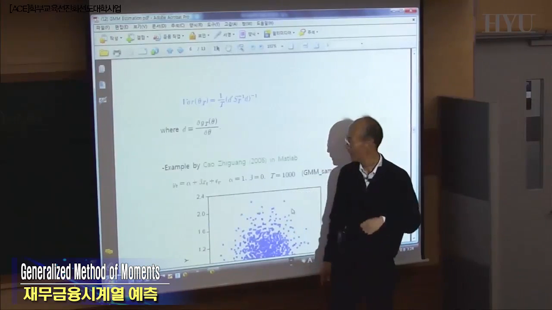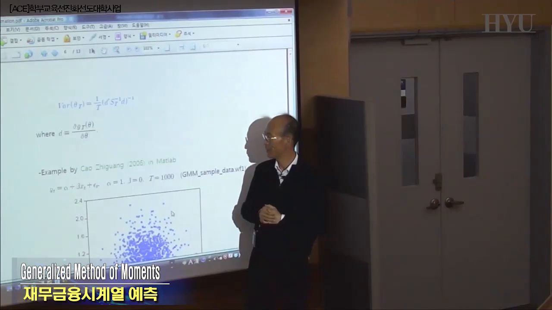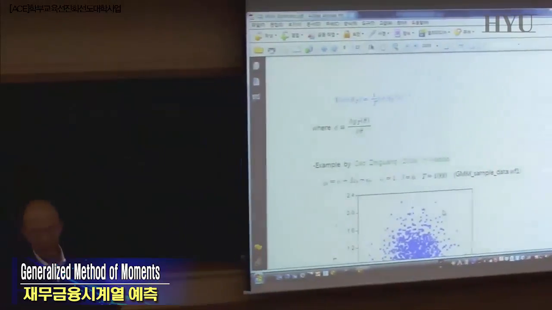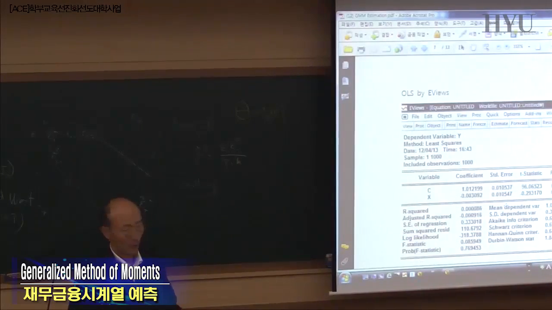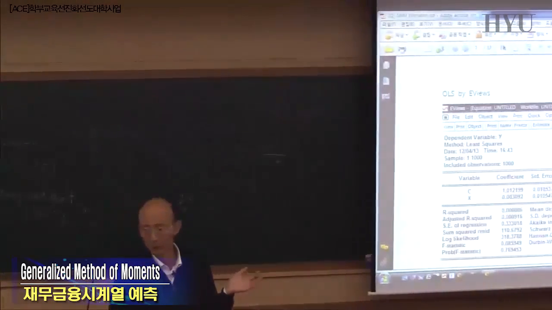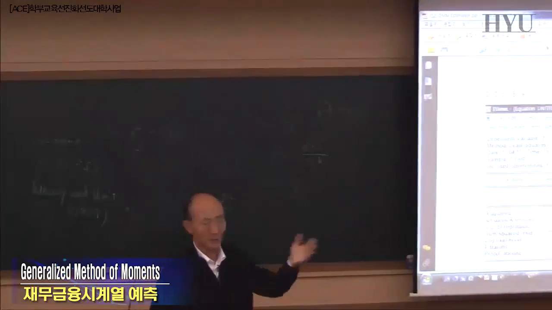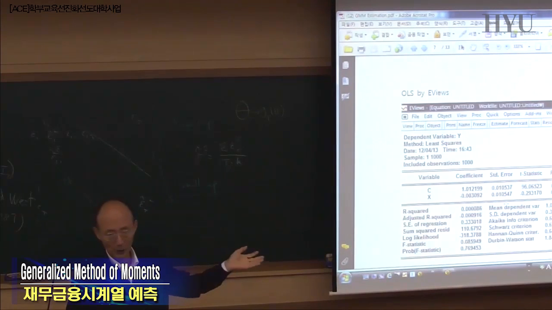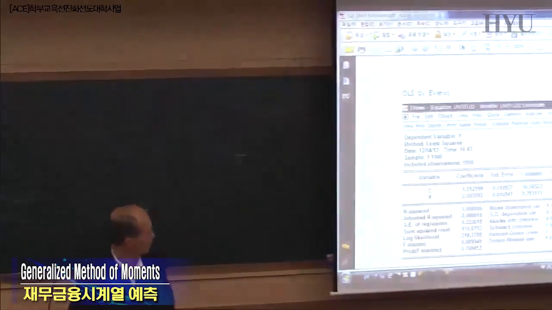But here, this is just simple random numbers from a normal distribution, so no serial correlation. So we don't expect that estimating using least squares or using GMM would be much different. But if you are brave enough, you can try a different sample data generating process and see whether that kind of claim is in fact true.